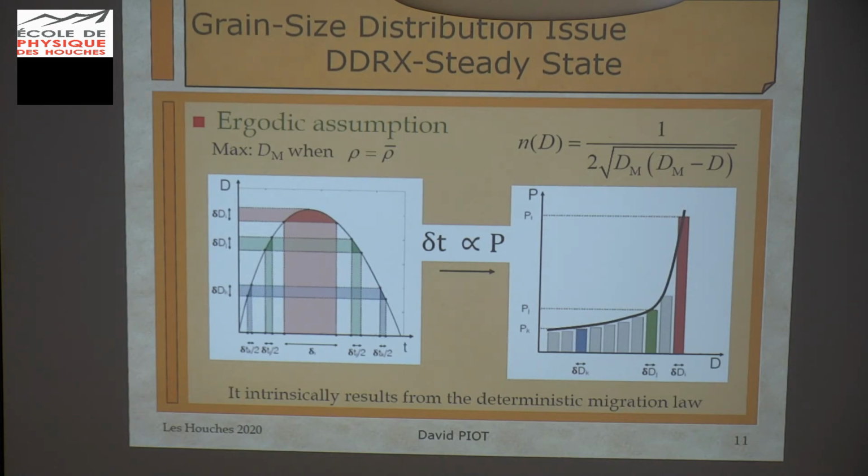This behavior, this distribution, is intrinsically a result of the deterministic character of the migration law used. So if you don't want that, you have to change the migration equation. And you know, experimental grain size distributions are not like that.